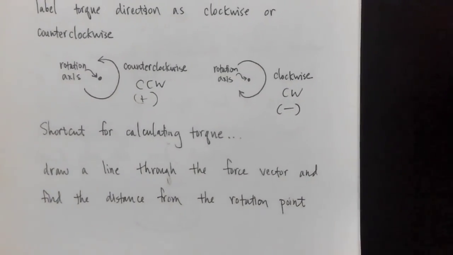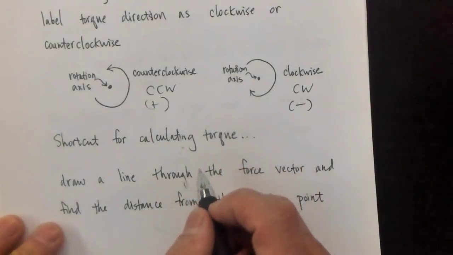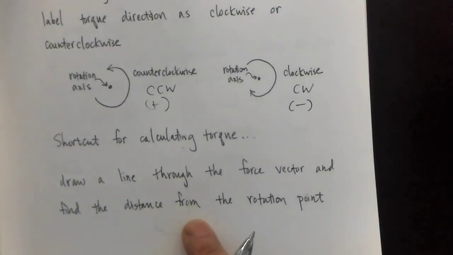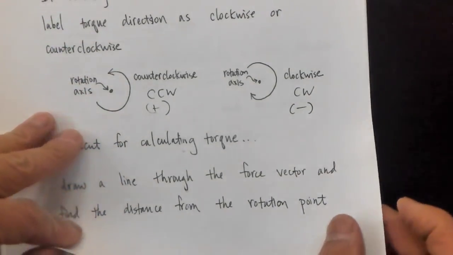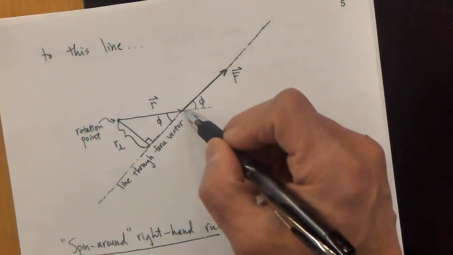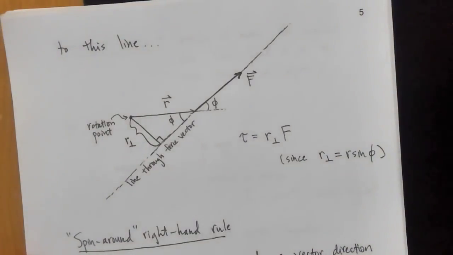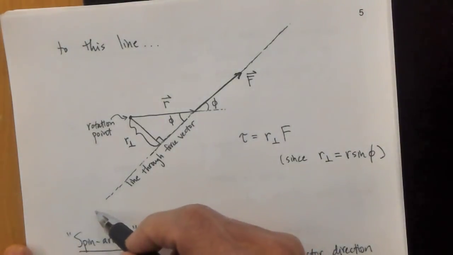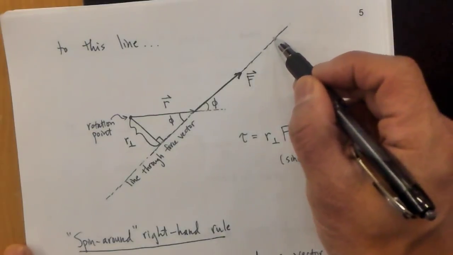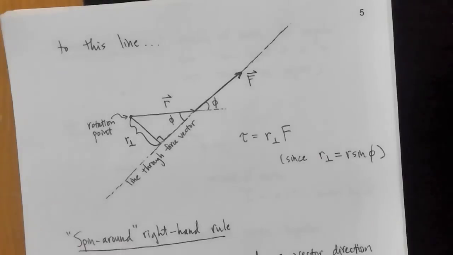Now, there's another shortcut for calculating torque, where we use this thing called R perpendicular. You draw a line through the force vector, and then you find the distance from the rotation point, or the rotation axis, to this line. So you have some force vector here, and here's the rotation point. Now you draw a line that slices through that force.